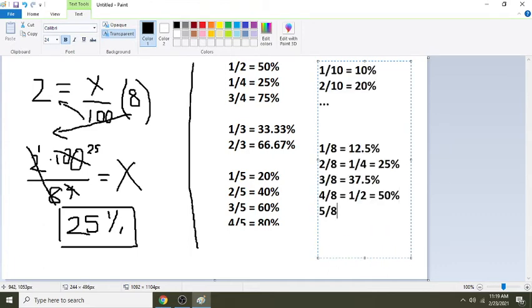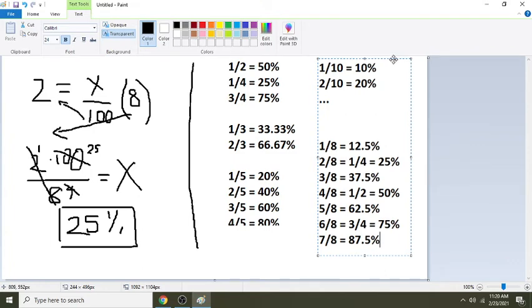You have 5/8, which is 62.5%. You have 6/8, which is the same as 3/4, which is 75%, and 7/8, which is 87.5%. So that's it.